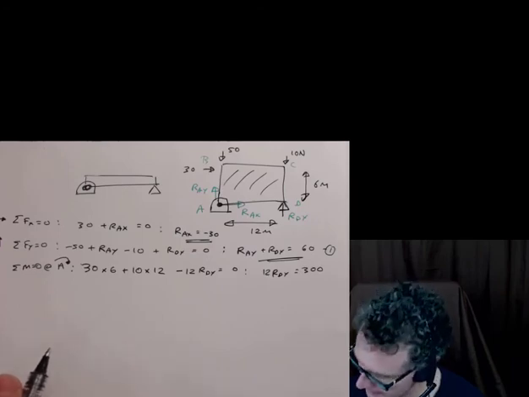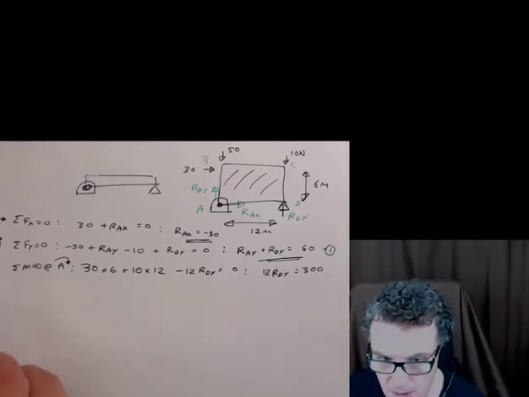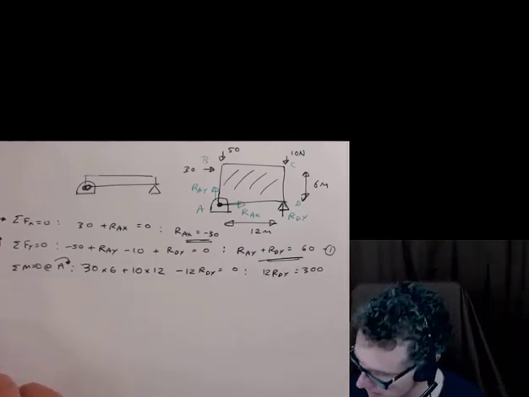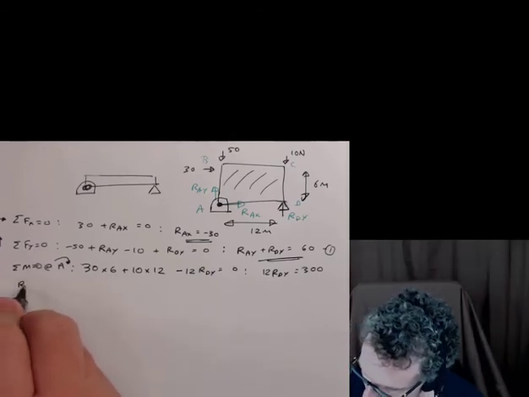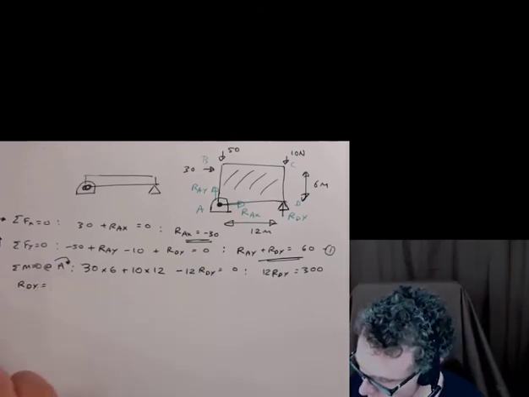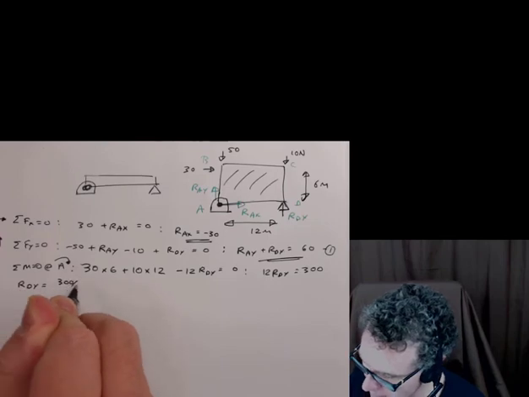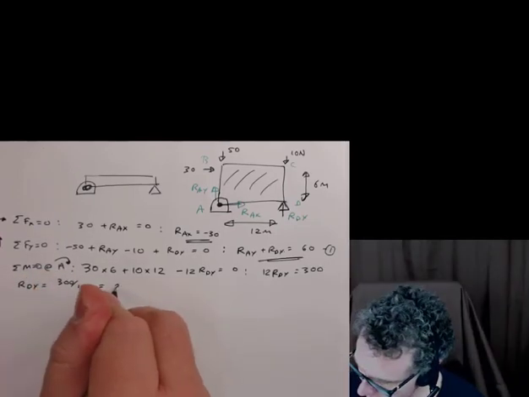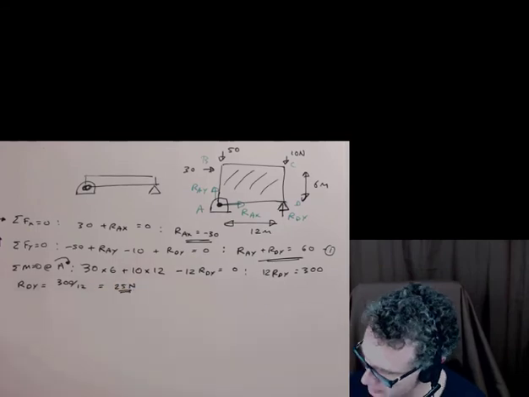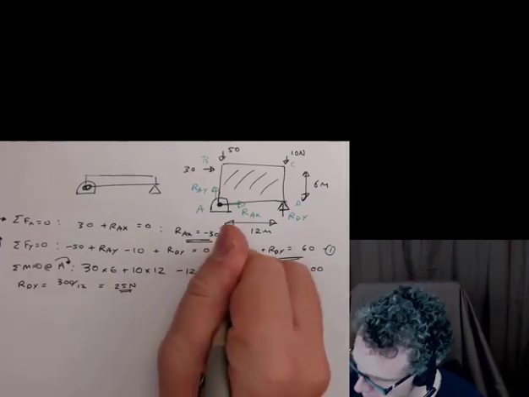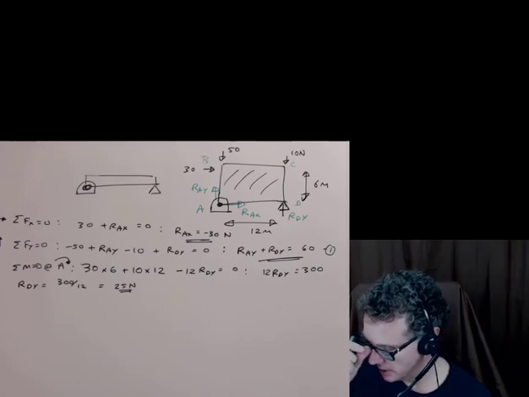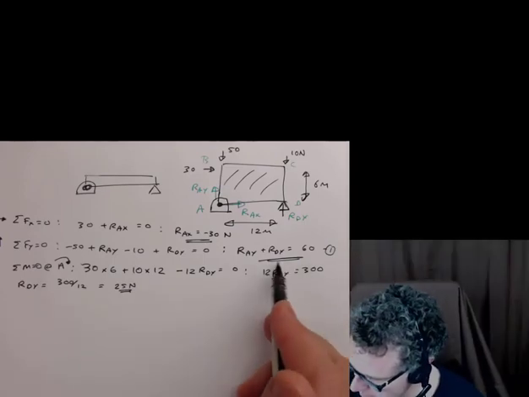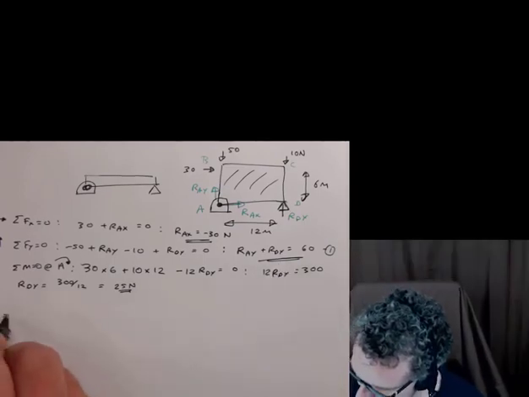Okay, so my RDY is going to be 300 divided by 12, and that equals 75 newtons. I should have put newtons there. Okie dokie, so we can go back to equation 1 and substitute that in.